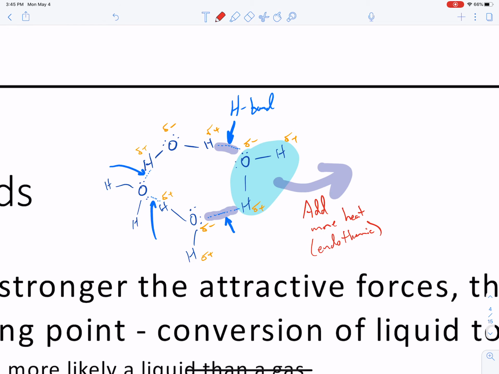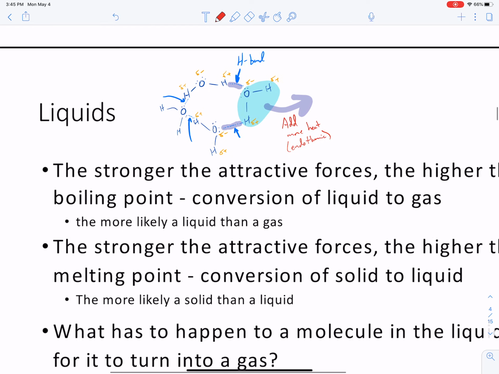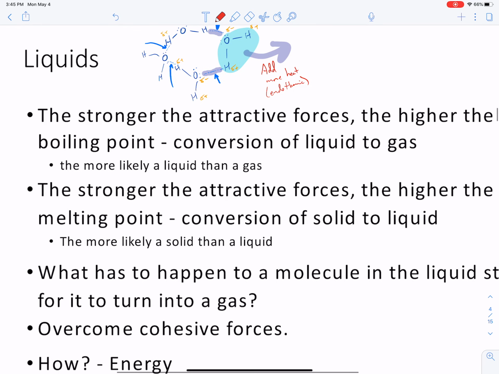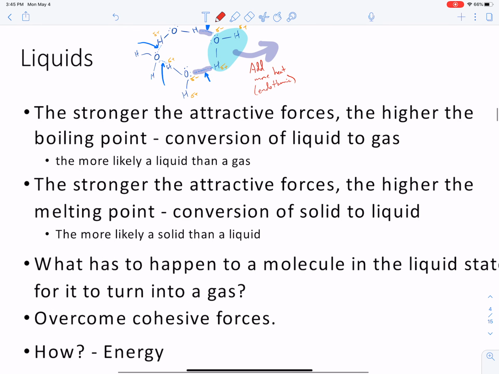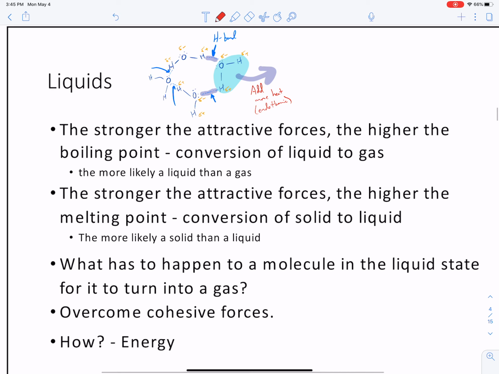It's an endothermic process. Requires a lot of energy. So, we have to overcome all these forces, and in this case for water, hydrogen bonding, by using this energy.